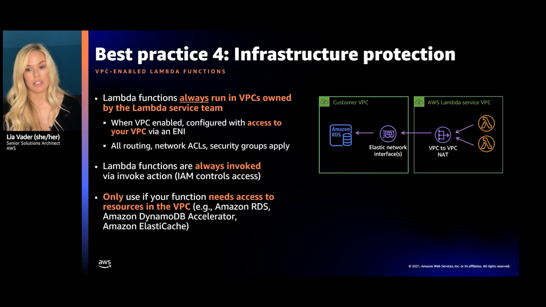The functions that share security groups and subnet combinations will use the same network interface. I should also note that security groups, network ACLs, and routing all apply here. So you really only need VPC-enabled functions to access VPC resources. This isn't adding any extra layers of security.